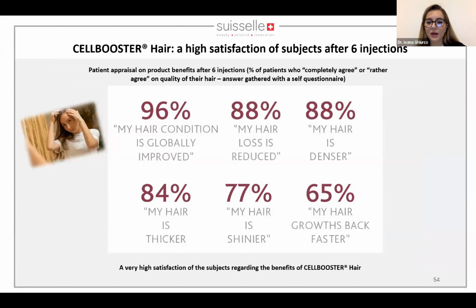Maybe more for us as doctors, of course, it's very important to have clinical evidence. But when we regard our patients, we need to obtain high satisfaction from them. They will look less at the numbers, but more at how their condition improved. And this study showed a very high satisfaction on the patients' part.